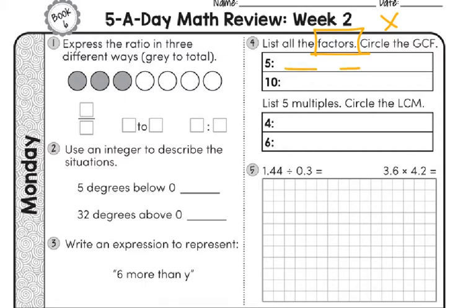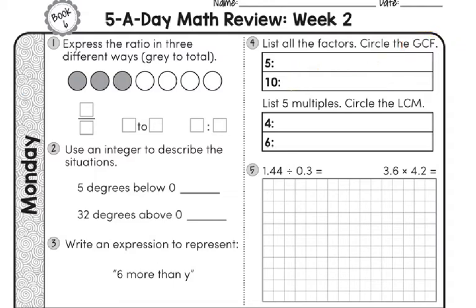You'll have 2 of them, because every number has a factor of 1 and itself, so you'll have at least 2, probably more. And then list the factors for 10. You're going to start with 1 and 10, and then there'll be some in between. And then you're going to circle the GCF, the greatest common factor, the biggest number that you find in common between those 2 lists.